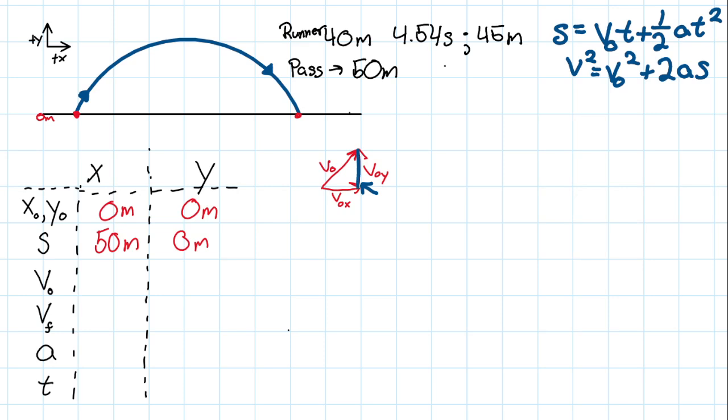If I make this be 0 height, well, I just have a horizontal line. So when we were dealing with the gun problem and we were firing horizontally, we had 0 initial velocity in the y direction. That's why we had it in that case. We need to consider these things. The ball is being thrown at this angle, right? You can see it in the drawing here.